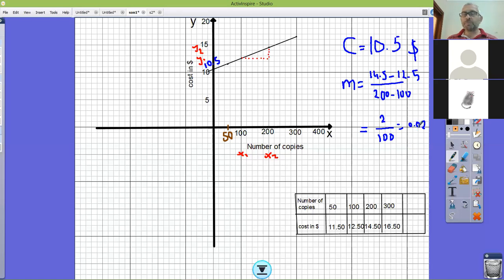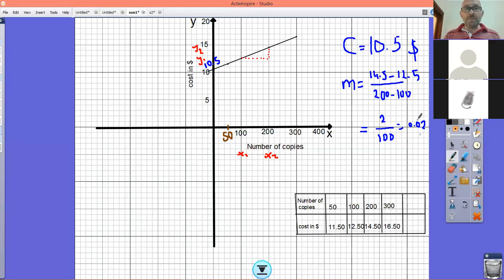Now we can put this into our previous formula. Remember, C is 10.5 and M is equal to 0.02.